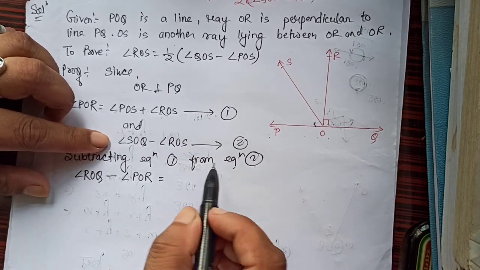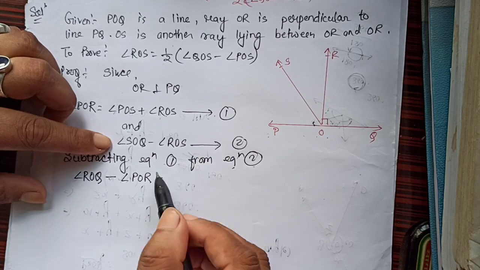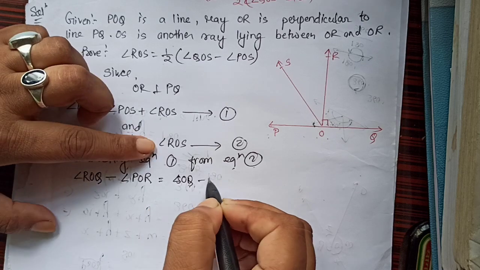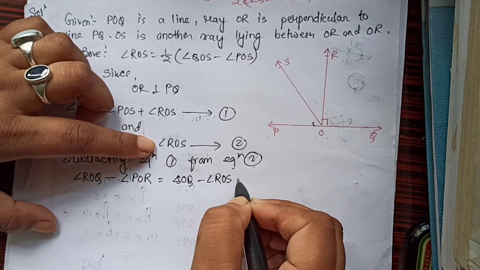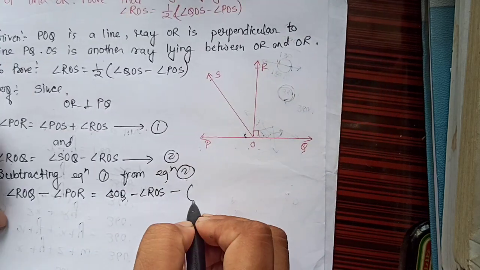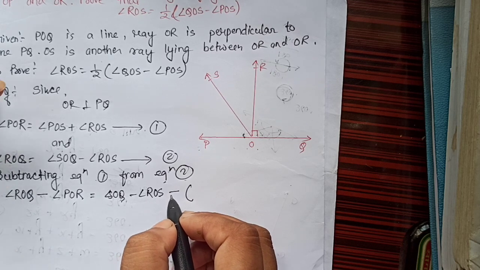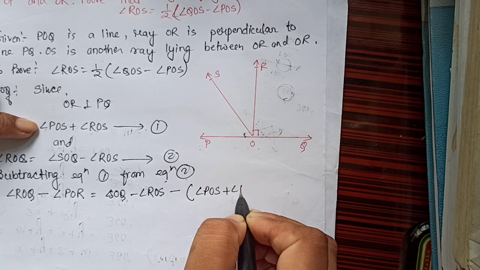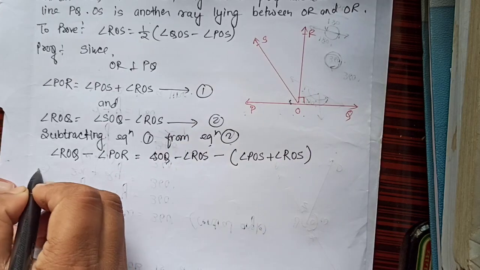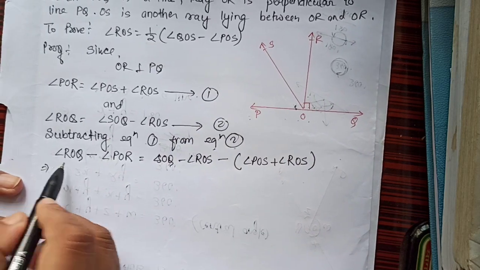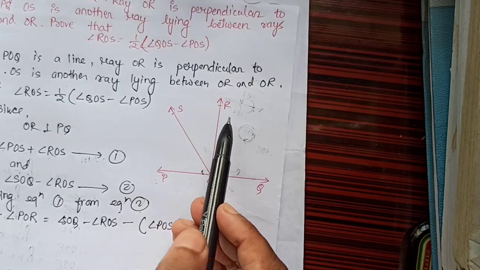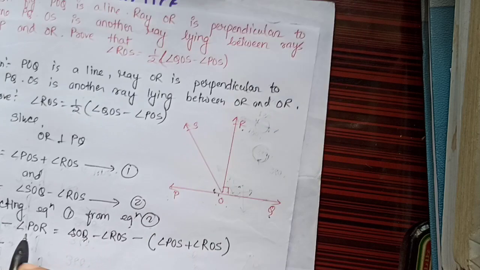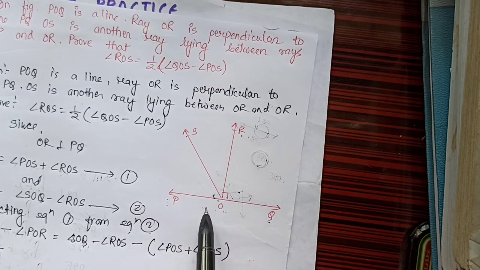We take the right hand side of equation 2, angle SOQ minus angle ROS. We have to start a bracket because we have a subtraction sign. On the right hand side of equation 1, we have angle POS plus angle ROS. Now we have to open the bracket, and we can also put the values here. ROQ, if you see in the figure, is 90 degrees, and POR also is 90 degrees.